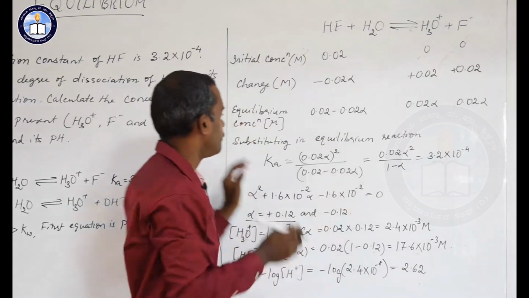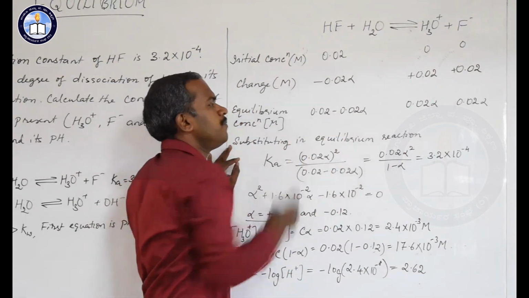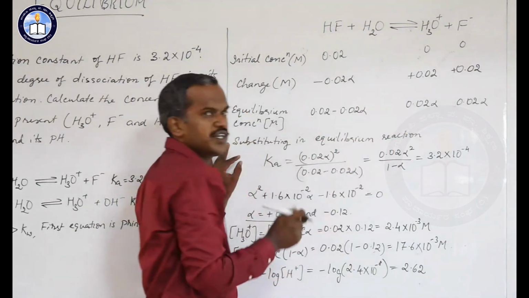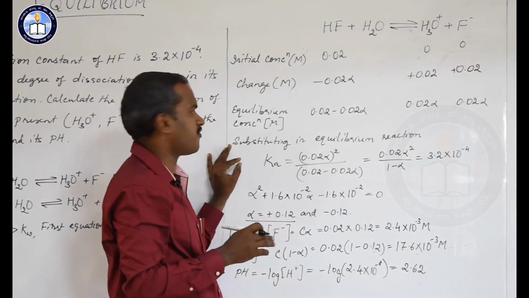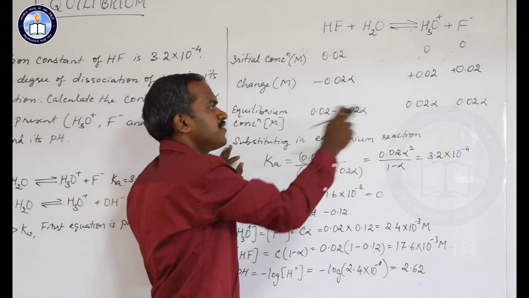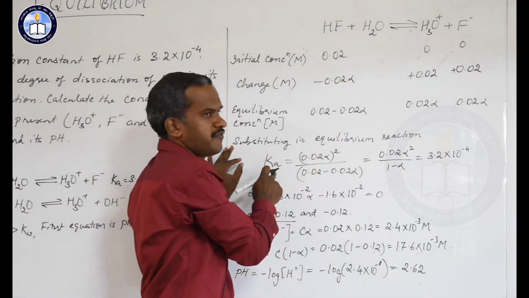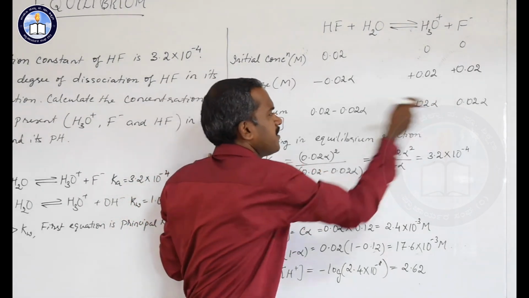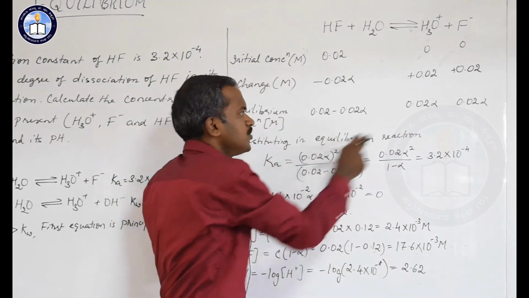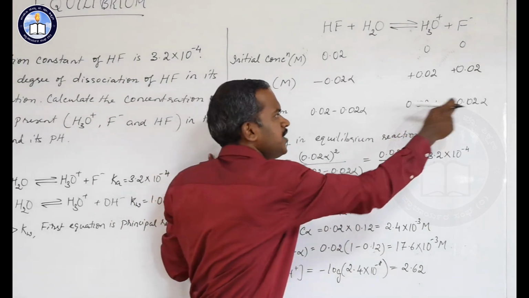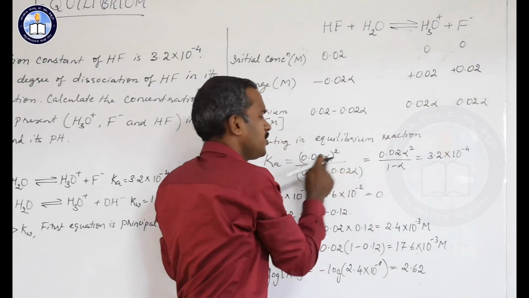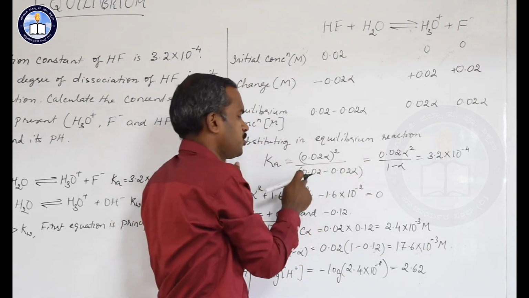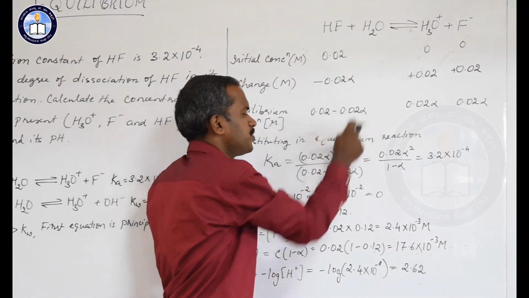Now once you have the equilibrium concentrations, we can substitute these concentration values in the dissociation constant formula. You know that formula: since it is a weak acid, Ka is equal to products by reactants. So 0.02 alpha into 0.02 alpha, that is a square I wrote, divided by the reactant side value, 0.02 minus 0.02 alpha.